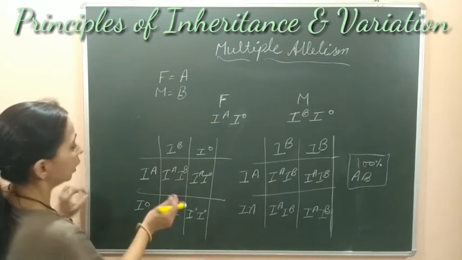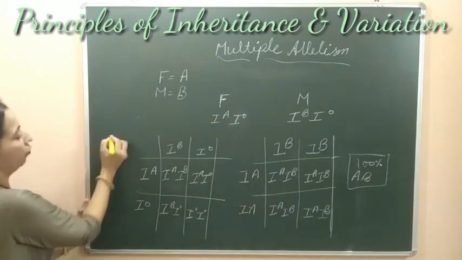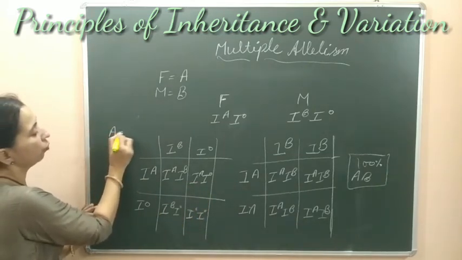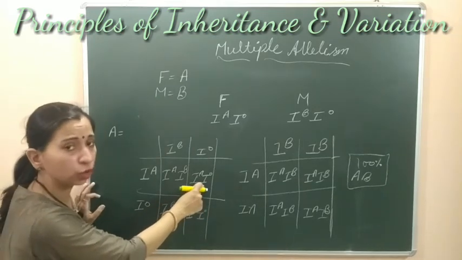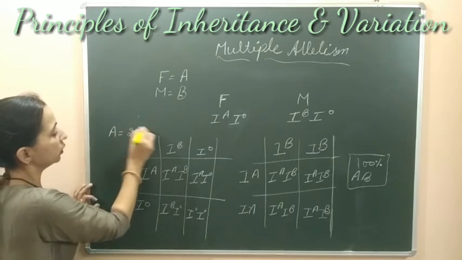Now let's see. Here we are writing the possibilities. IA IO is heterozygous, and this type will be blood group A, with 25% chances.